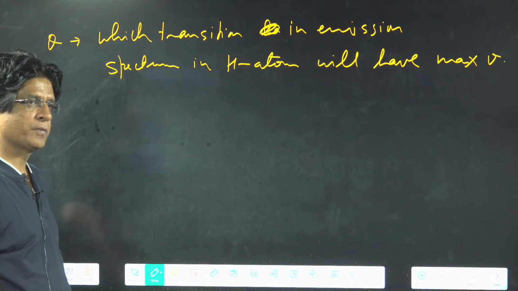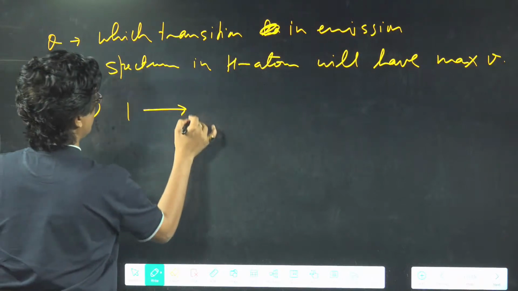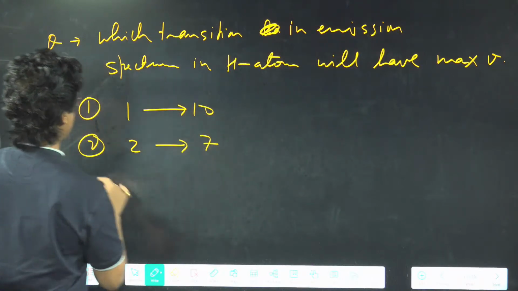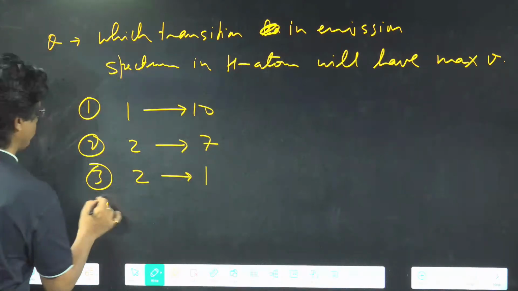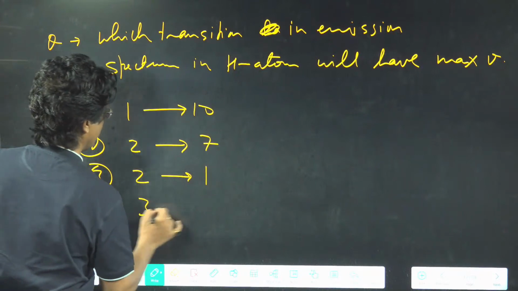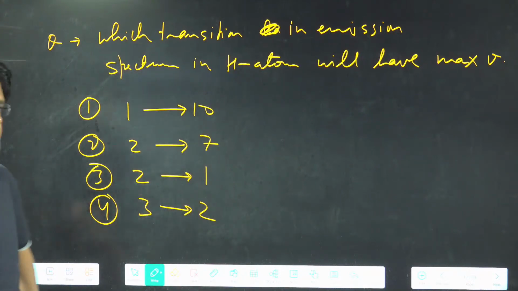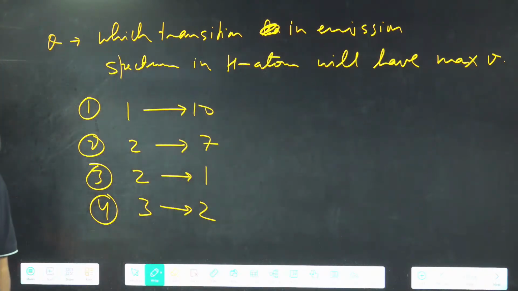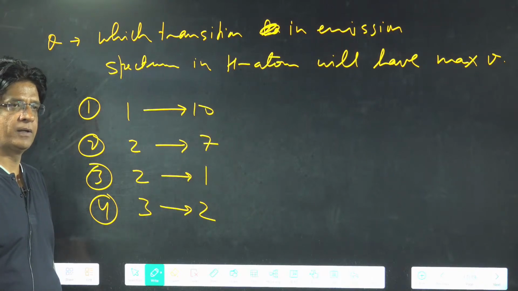I'm giving you first option 1 to 10, second 2 to 7, third 2 to 1, fourth 3 to 2. Come on. Which transition in emission spectrum in hydrogen atom will have maximum frequency?